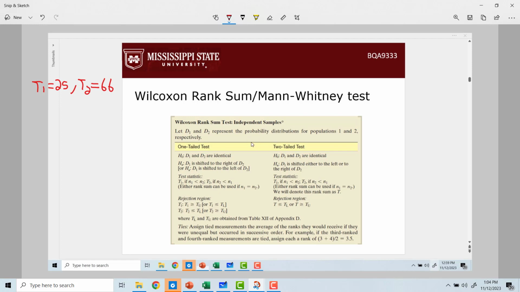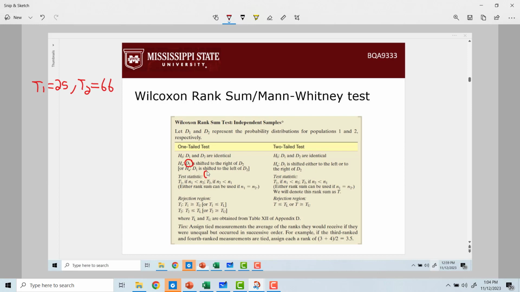I will write this one out. Just note here that for the upper test, we're looking for D1 to be shifted to the right of D2. Now, a key thing here is that for the test statistic we basically always use the smallest group.